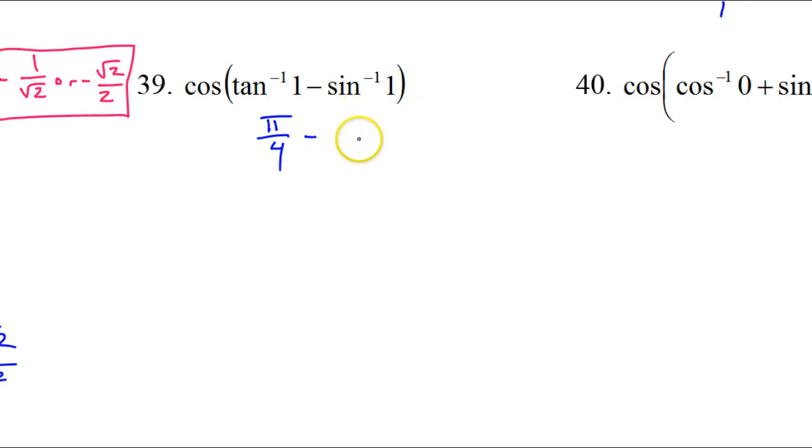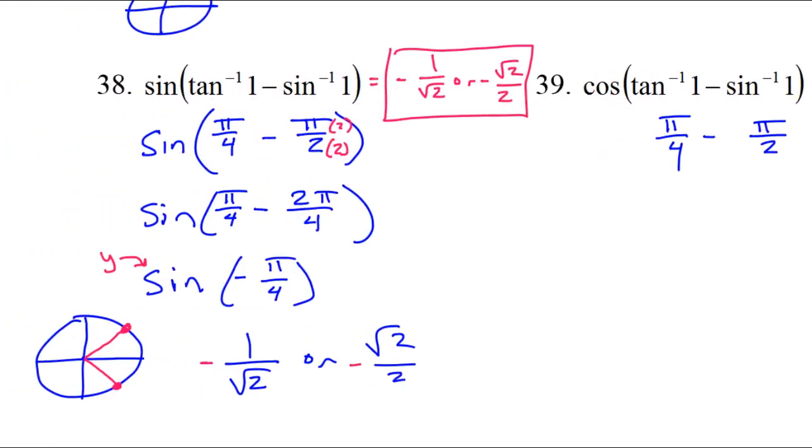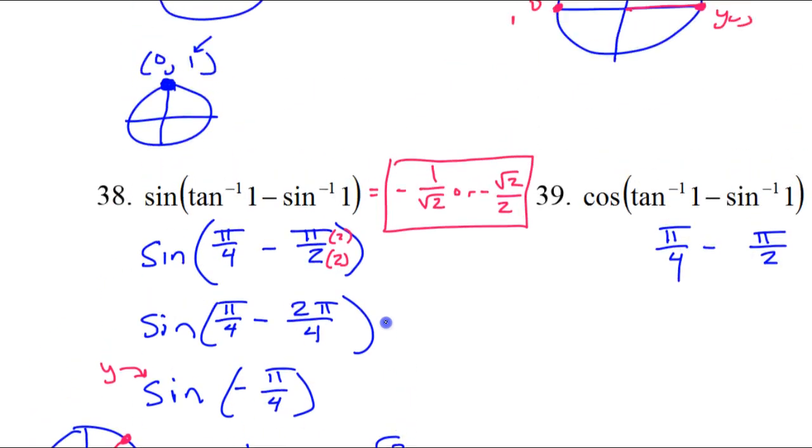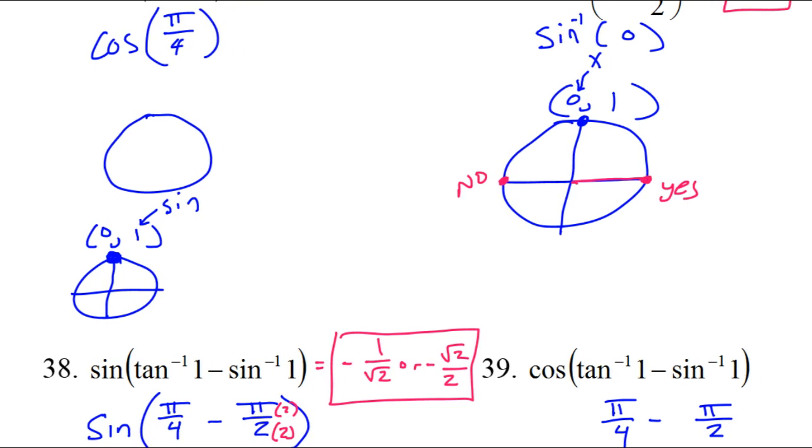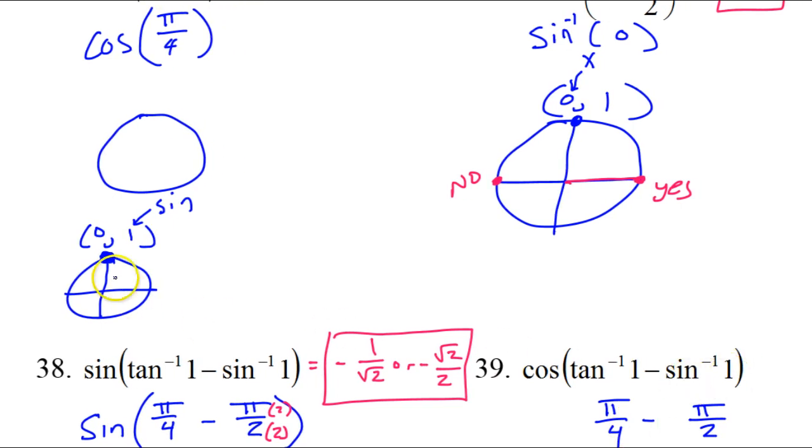The angle whose sine is 1 is pi over 2, like we discussed on the previous problem. This is pi over 2, 0, 1. The 1 is the sine value. So the angle whose sine is 1 is pi over 2.